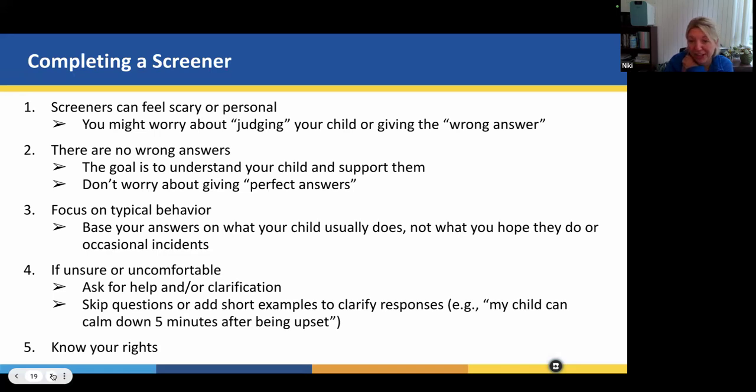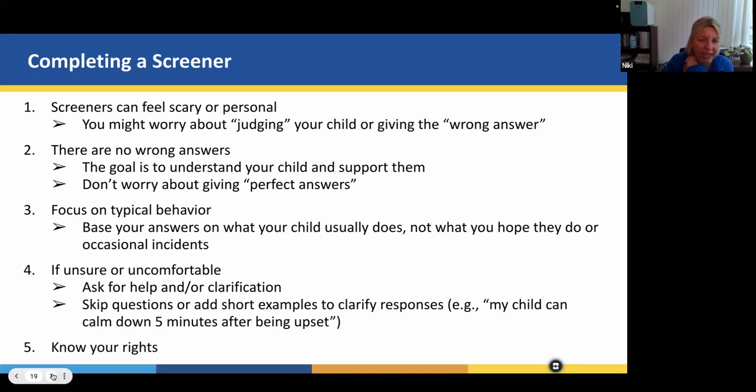But now that I'm on the other side of things as a parent and even filling out those brief CDC forms at the pediatrician's office, I can confirm that in fact, these screeners can feel a bit scary and personal. Even though we know that our schools have good intent, you might worry about judging your child or giving the wrong answer on a screener, and those concerns are valid. And I can attest to that.